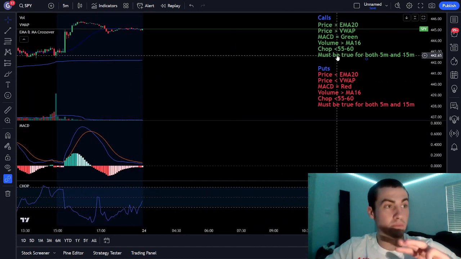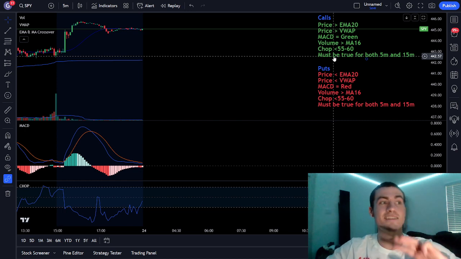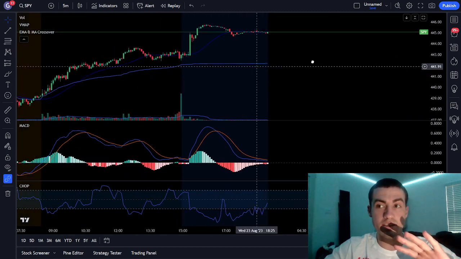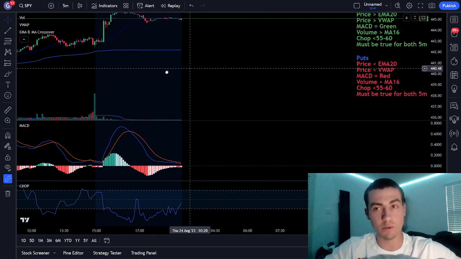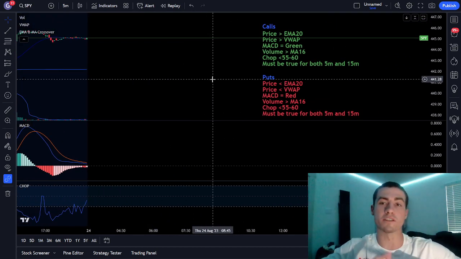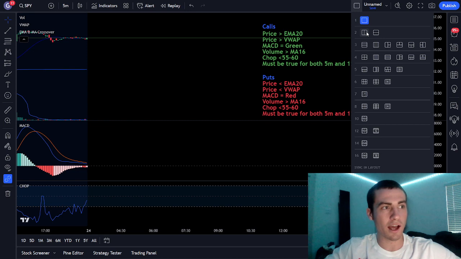Volume must be above the MA16. So that is 4. Chop must be below 55, or below 60 if you want to play risky. And the most crucial part about all this, because this would not just work if you just used this for the 5-minute, is you need to also be looking at the 15-minute.